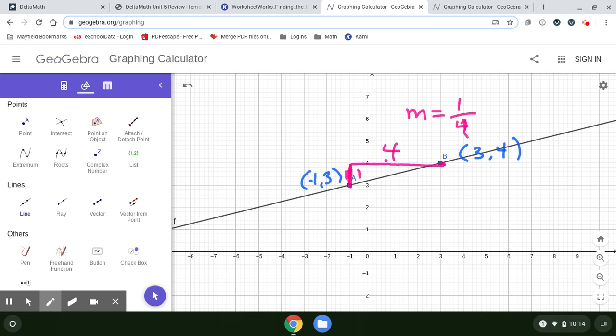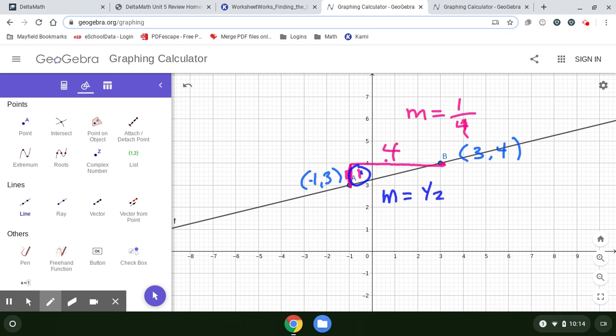But if it's not already graphed, instead of drawing out a graph, I can look at how to find the difference between these 2 points. So how can I figure out that 1?